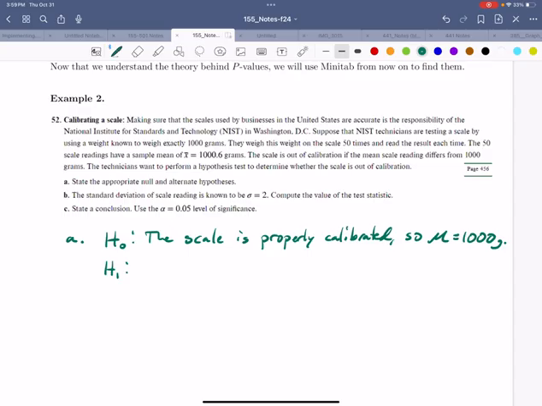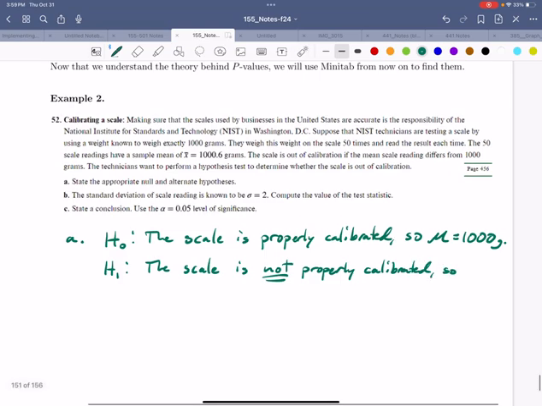Alternate hypothesis. Be a little careful here. The scale is not properly calibrated. So the population mean does not equal 1,000 grams.